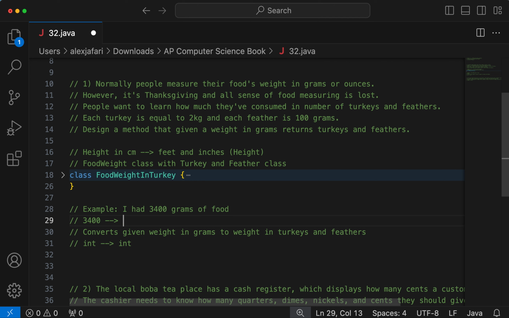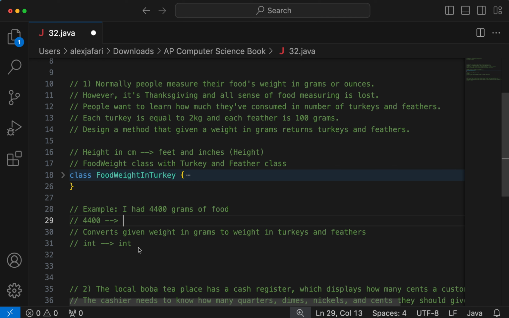Like two turkeys, for example. Is that right? It's going to be less than that. Yeah. Let's make it 4,400. Okay. So you're saying it should be returning what? Okay, now I get this. It's going to be like 2 point something, but it's going to be a decimal number, so we need a double there. Is that right?